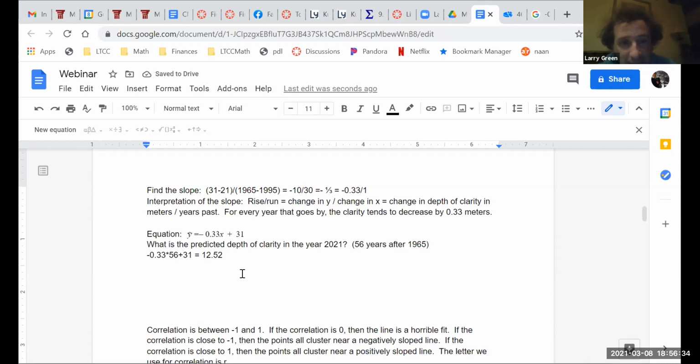So let me write this one more time: the best prediction for depth of clarity in 2021 is 12.52 meters. Okay, in those days before we actually did something about it. Any questions at all on this idea?